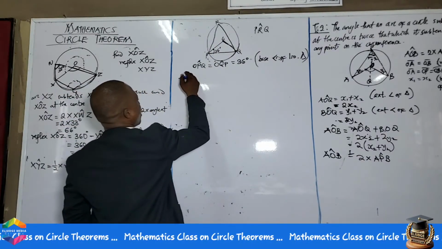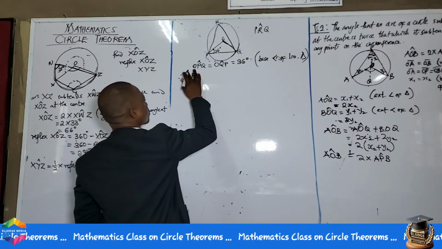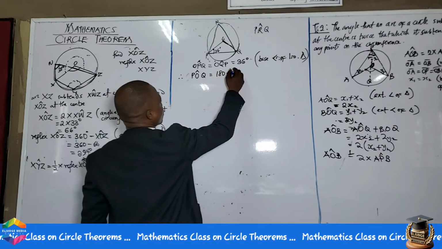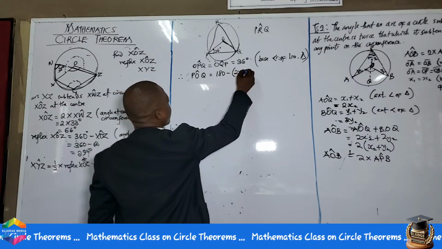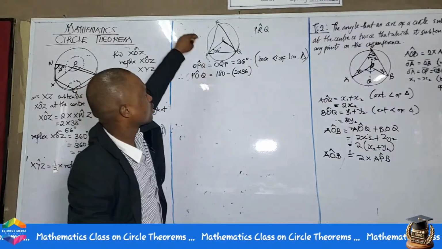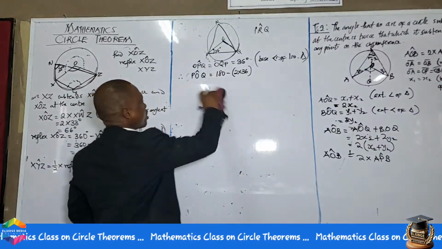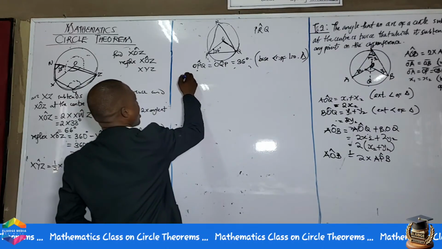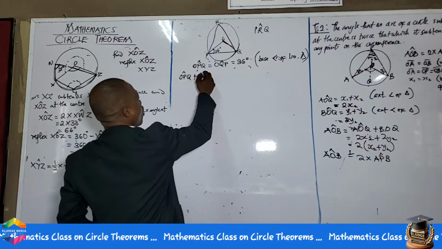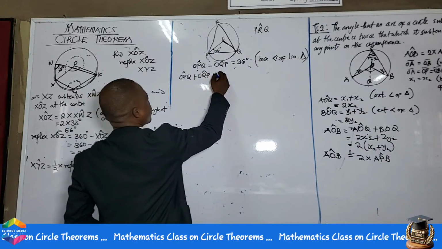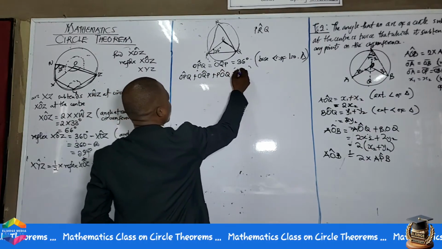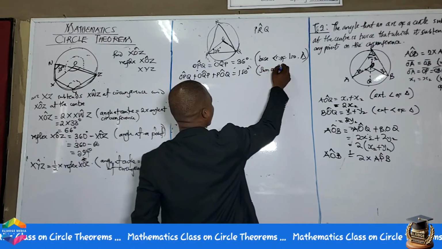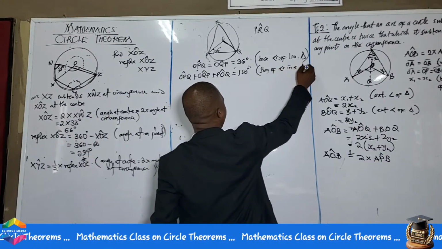So therefore, angle at POQ equals 180 minus 2 times 36. Let me just write it the visual way. We can say that angle OPQ plus angle OQP plus angle POQ equals 180 degrees. You have to tell them the reason: sum of angles in a triangle.